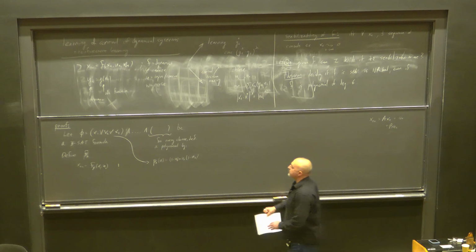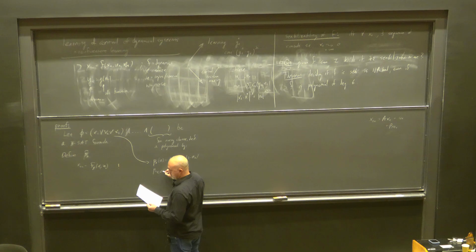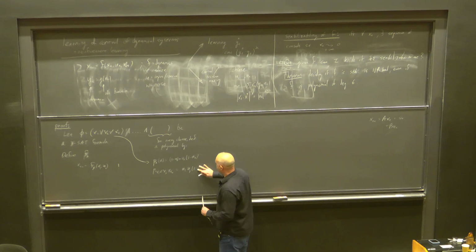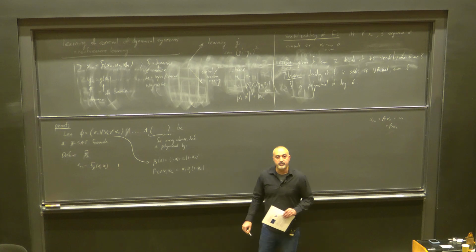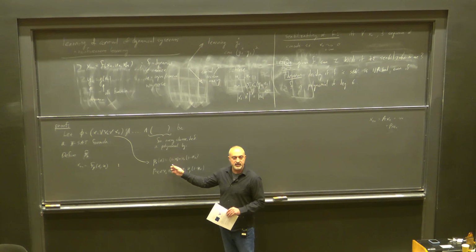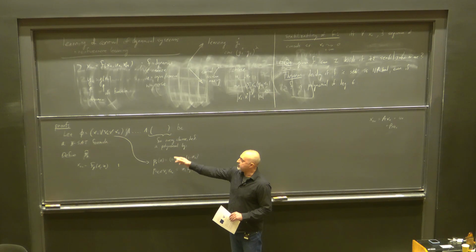So if I have, for example, a clause, let the clause be not xi or not xj or xk, the polynomial is going to be ui times uj times (1 minus uk). I will have a variable for every variable in the SAT formula, and then I take either the variable itself or 1 minus it, and take the product of them, and that's how I can create a polynomial of degree 3 for every clause. Is this clear?